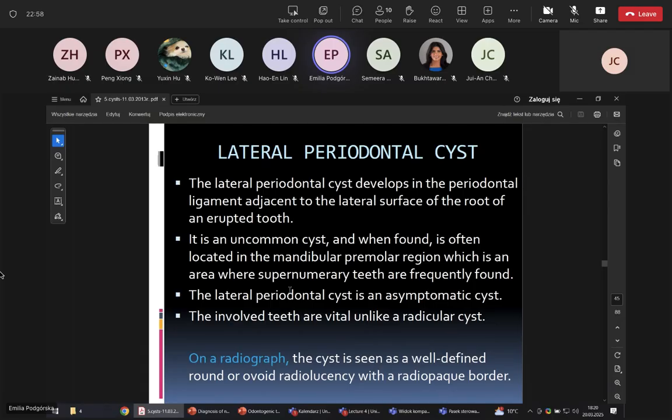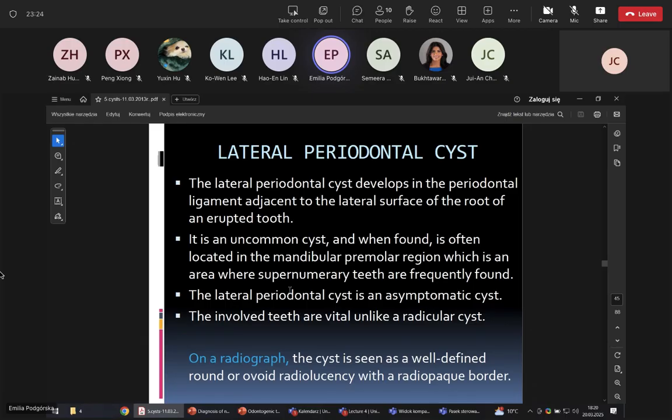Lateral periodontal cyst. The lateral periodontal cyst develops in the periodontal ligament adjacent to the lateral surface of the root of an erupted tooth. This is an uncommon cyst, and when found, is often located in the mandibular premolar region, which is an area where supernumerary teeth are frequently found.